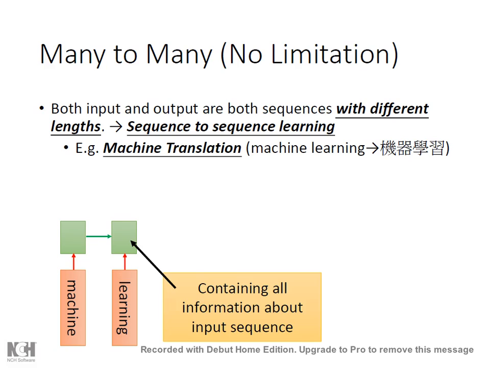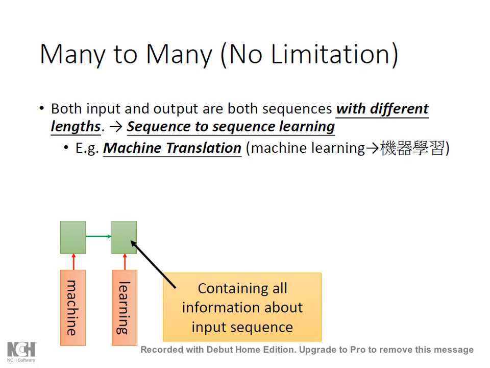There's another task called machine translation. Machine translation is also from many inputs to many outputs, sometimes referred to as sequence to sequence learning. For example, it translates English to Chinese characters.